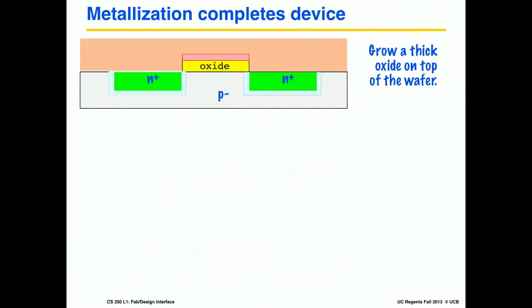Okay, so then the metallization completes the device. We can grow a thick oxide on top of everything again by putting it into an oven with oxygen. Oxide grows. Oxides are used as insulator. That's one reason why silicon has been very popular for making integrated circuits, because it has a stable oxide.